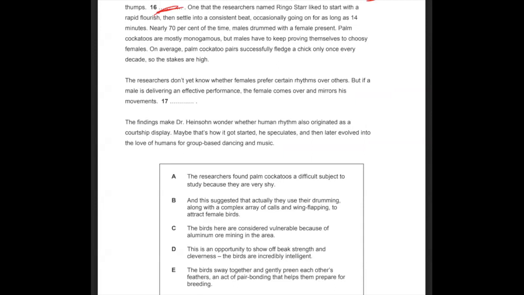And then the sentence that immediately follows is one that the researchers named Ringo Starr, Ringo, of course, being the drummer for the Beatles, like to start with a rapid flourish, then settle into a consistent beat, occasionally going for as long as 14 minutes. Nearly 70% of the time, males drum with a female present. So essentially the gist of 16 is that there are so many different rhythms that these male cockatoos had, but there was one particular cockatoo who had a special or unique rhythm.